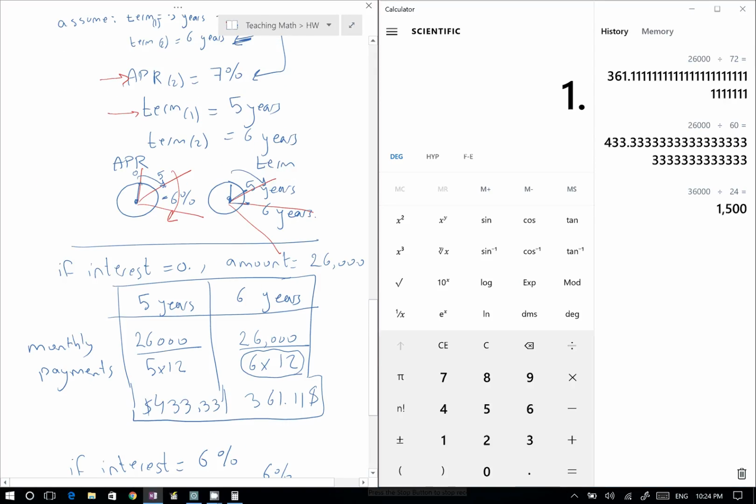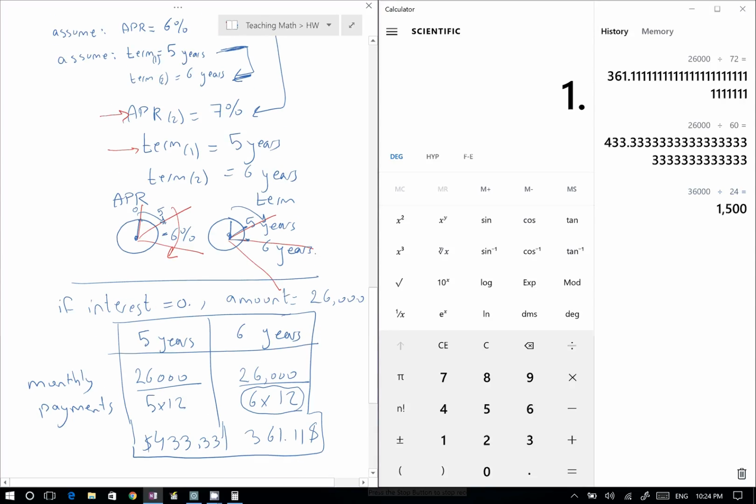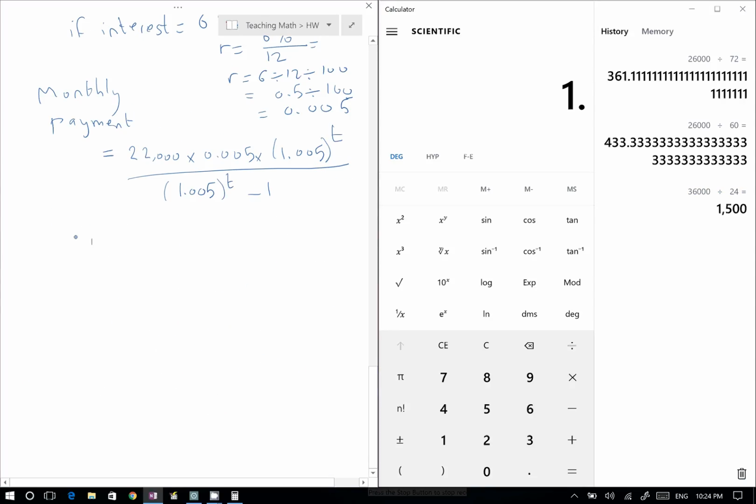I have two terms, 5 years and 6 years. For 5 years, I have 1.005, 0.005. Whoops, I added a 0. Shoot. 1.005 raised to the power 60.